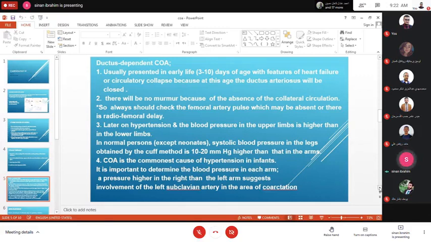In coarctation of the aorta we usually check the limbs, the upper left and right arm and the lower left and right limbs, and we look for a difference between the upper and lower. So we think of coarctation.